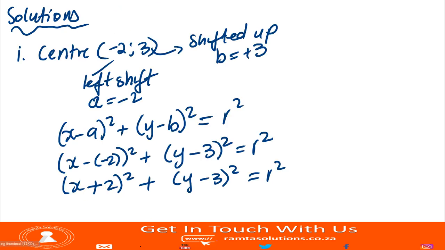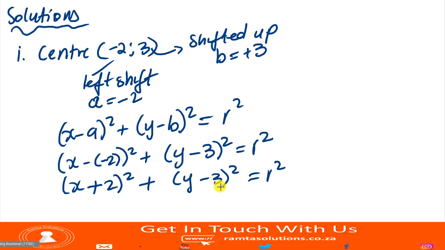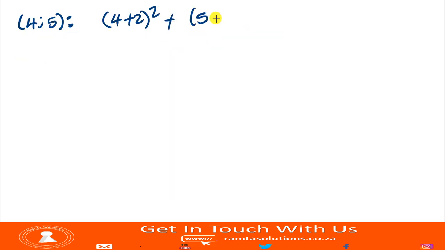So we have a point (4, 5). Where there's x, you put 4. Where there's y, you put 5. So this is 4 plus 2, all squared, plus y value is 5, minus 3, so 5 minus 3 all squared, equals r squared.